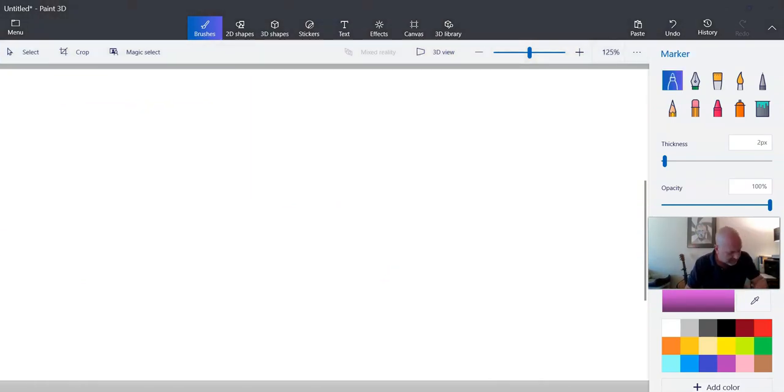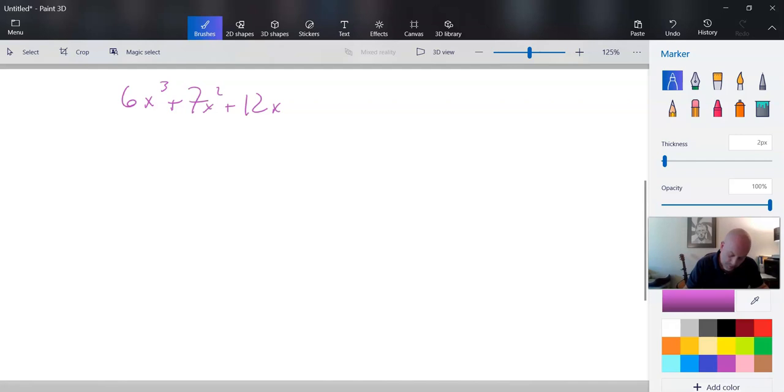Okay, so this last one I want to look at here gets a little squirrelier. So let's see here, plus 7x squared plus 12x minus 5, and we're going to divide that by 3x minus 1. Okay, so we have some issues here.